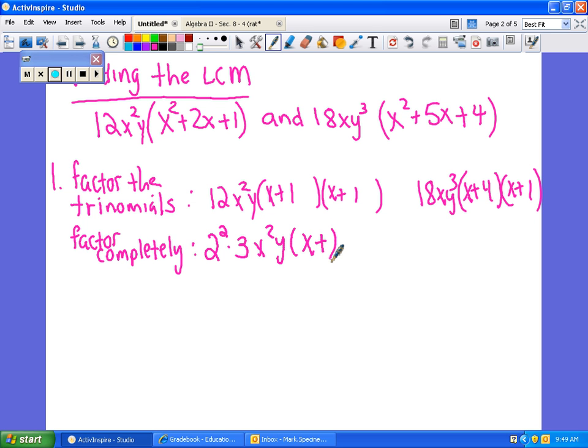The x plus 1, we can change a little bit. Instead of writing x plus 1 times x plus 1, we can write x plus 1 squared. The 18 was 3 squared times 2, and then everything else just gets rewritten.